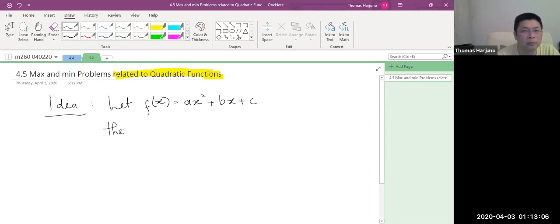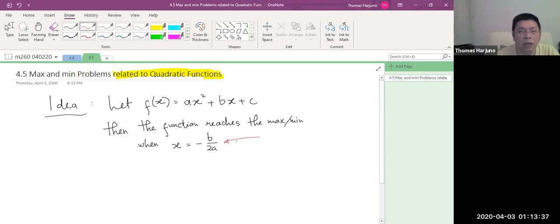Then the function reaches the maximum or the minimum value when x equals negative b over 2a. Notice that this is actually the axis of symmetry. Remember, axis of symmetry.